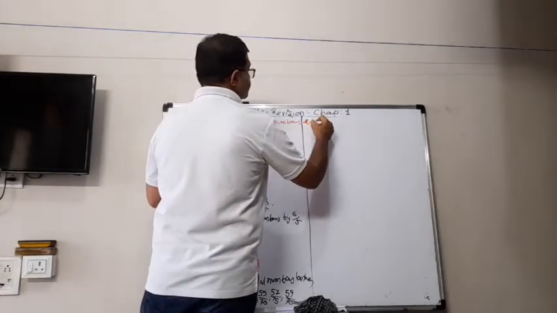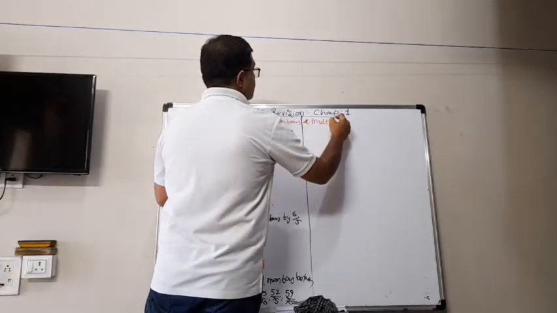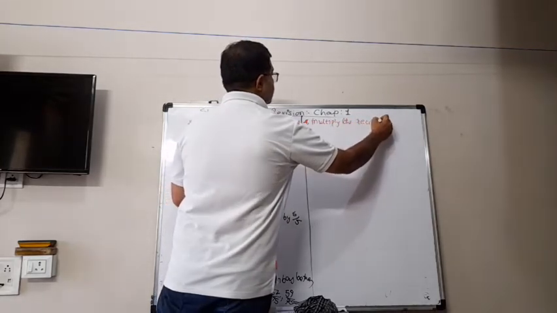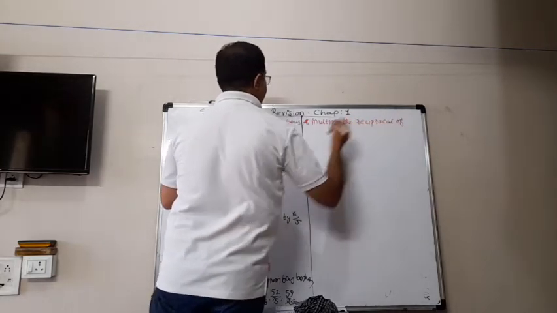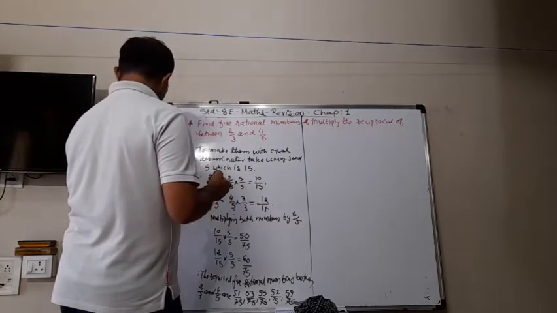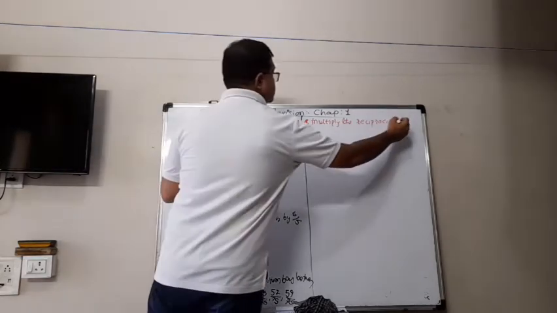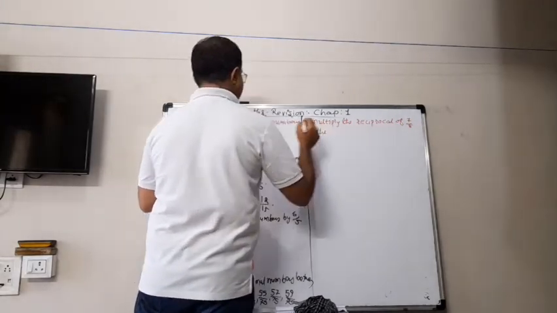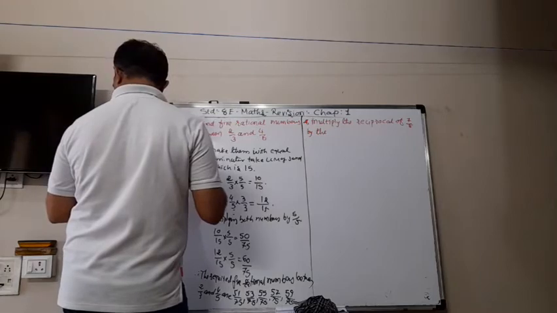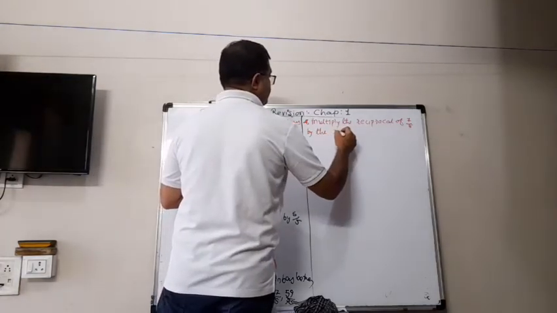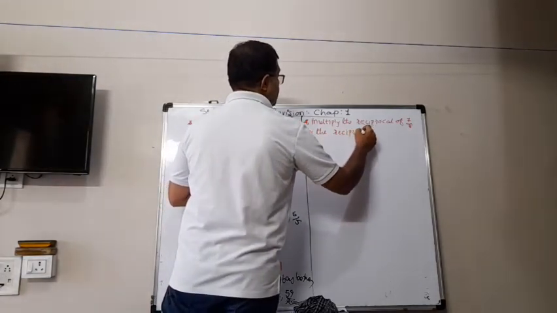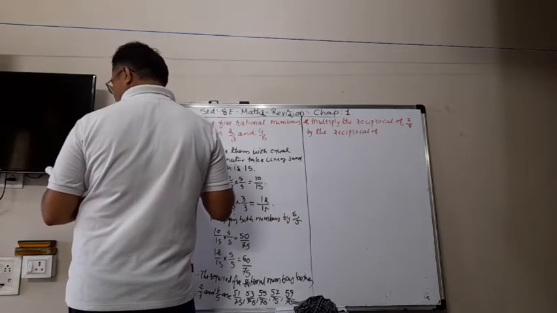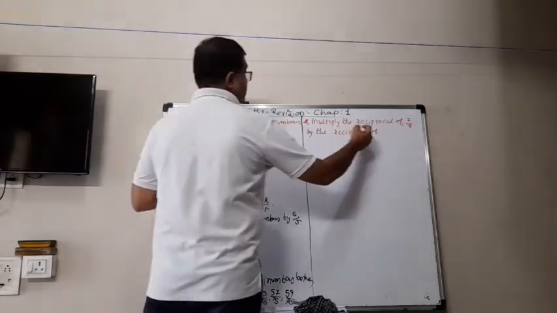Multiply the reciprocal of 7 by 8 by the reciprocal of minus 2 upon 21.